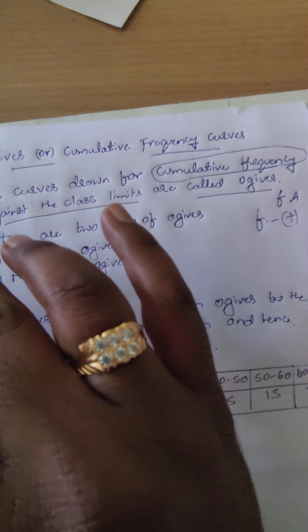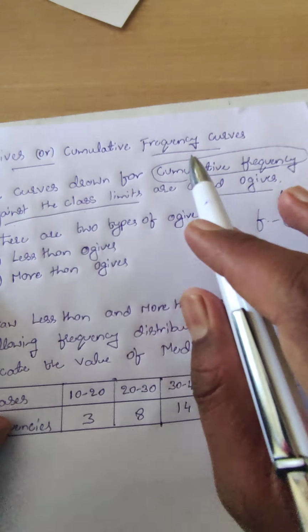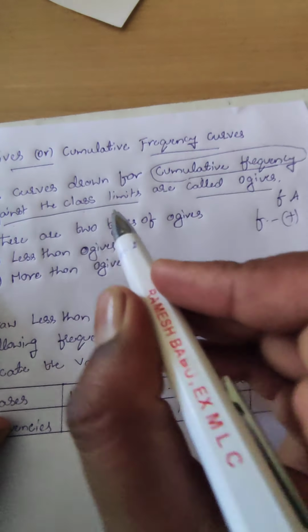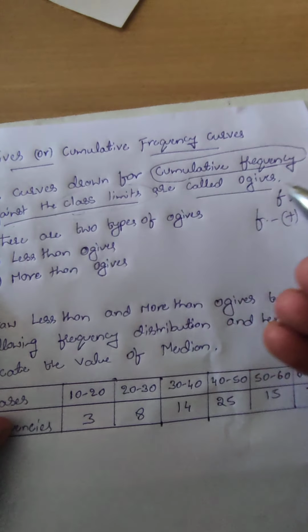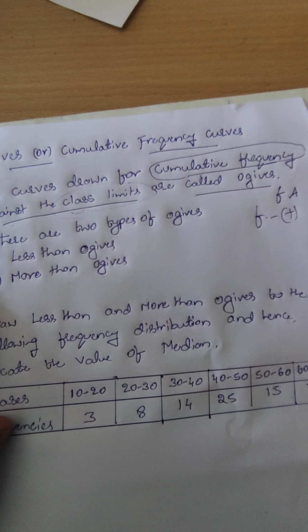So, when we draw a curve of cumulative frequency against the class limits, class limits means the class intervals. There are two types of class limits, upper limit and lower limit. Based on the upper and lower limits, against the cumulative frequency, we can draw ogive curves.